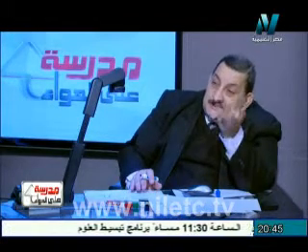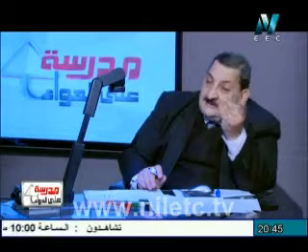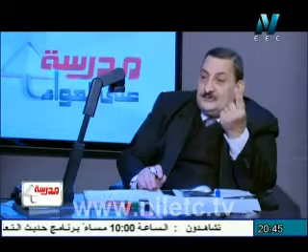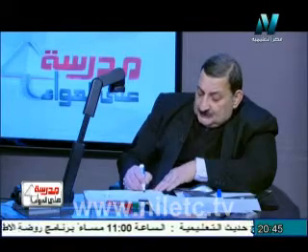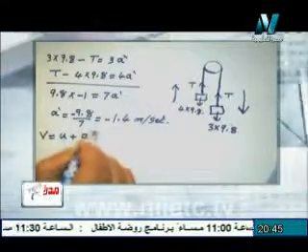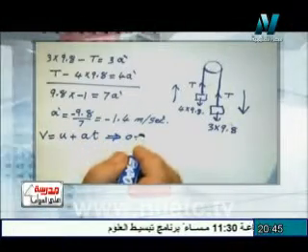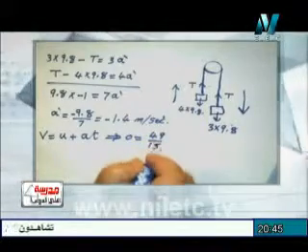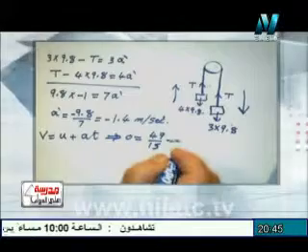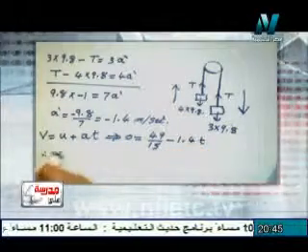Then V is equal 0, U is the velocity gained, and A is the new acceleration A dash. Then we have to find the time T. V equal U plus AT: V equal 0, U is the velocity gained 49/15, minus 1.4 T.